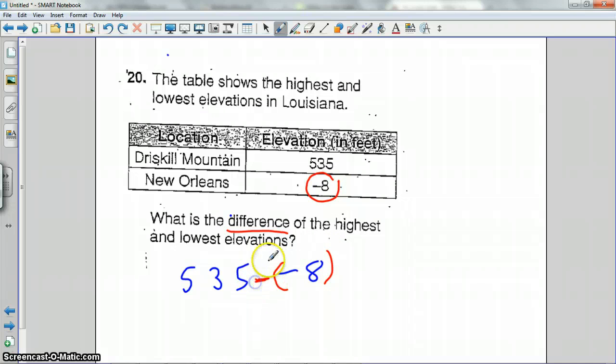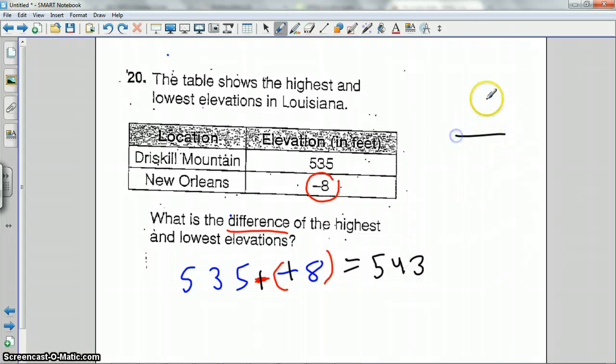We still have to put a subtraction symbol because it says difference. So just remember, if one's negative, you're still going to have a subtraction, which makes a big difference because we know when it says subtract, we actually add the opposite. So we're actually going to add here 535 plus 8, which would be, let's see, 540, whoops, put those backwards, 543.